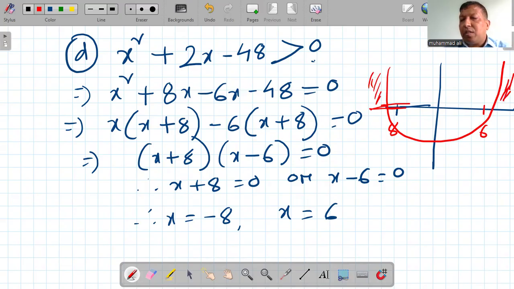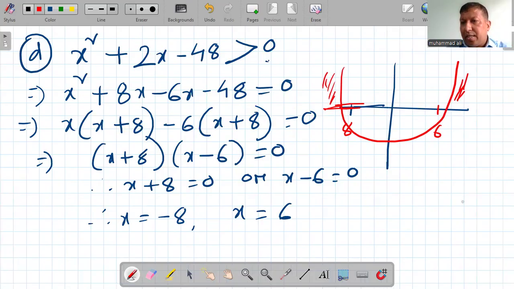So we can write here, when x is less than minus 8, when it starts from minus 8 and goes to the left side, the curve starts as positive.